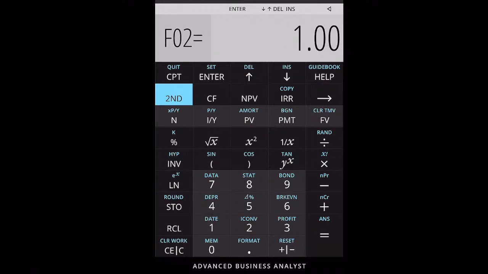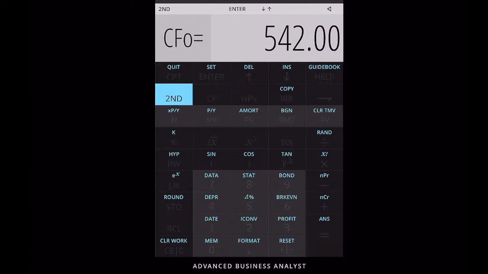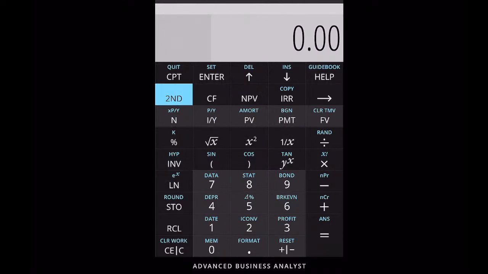All right, so now I have items in the cash flow keys, and I have items in the statistical function keys, or the memory. So I have things in stat memory or stat worksheet, and I have data in the cash flow worksheet. So if I erase the cash flow worksheet using second clear work, do I necessarily clear the data in the stat mode? No. You see? So they're separated. This way I avoid doing a hard reset and erasing everything.